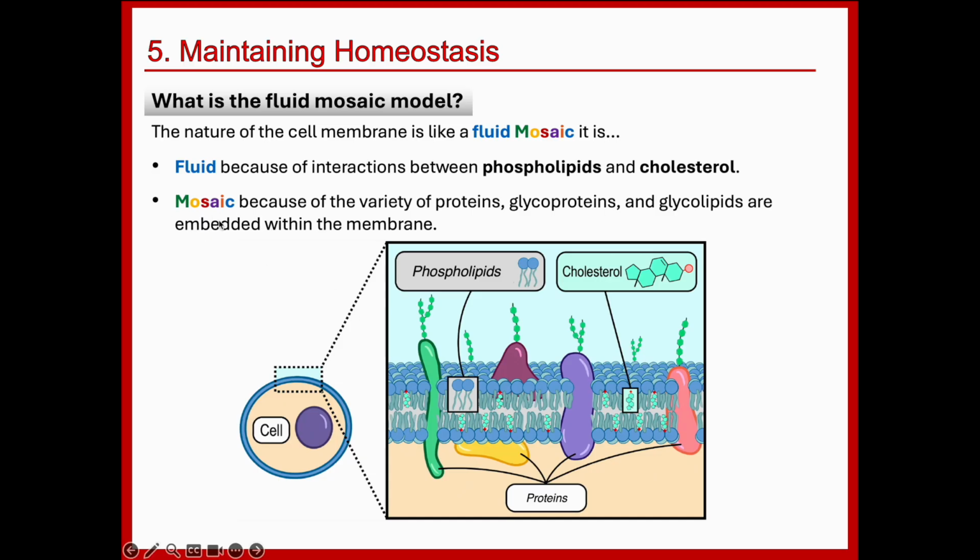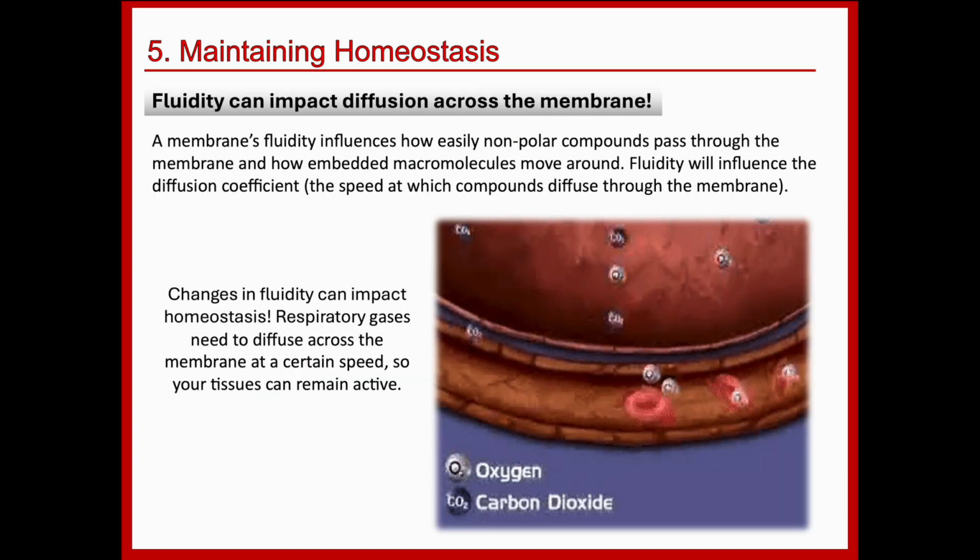But it's a mosaic because you have a variety of proteins, glycoproteins, glycolipids embedded in the membrane. So we call it the fluid mosaic model because there's a bunch of different types of these proteins that are all fluid around in this cell.